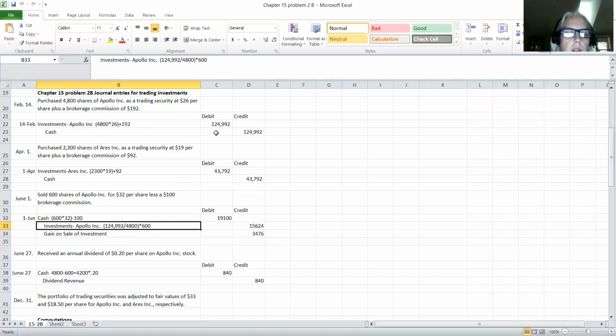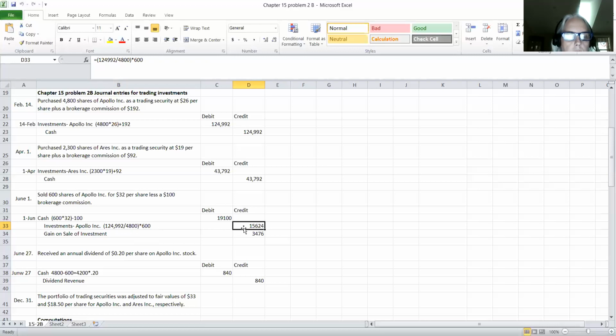If we divide this $124,992 by the total shares, that will give us the cost of each share of stock. Then we would multiply that cost of each share of stock times the 600 shares that we sold to get the total amount that would be credited to the investment account. The investment account is credited to reduce the asset account because we have sold 600 shares.